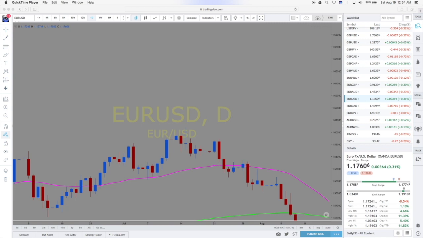Now, let's talk about indecision candles. I want to make one thing clear, that pin bars should not be confused with indecision candles. Sometimes pin bars are also called spinning tops. Okay, pin bars and indecision candles are two different things.